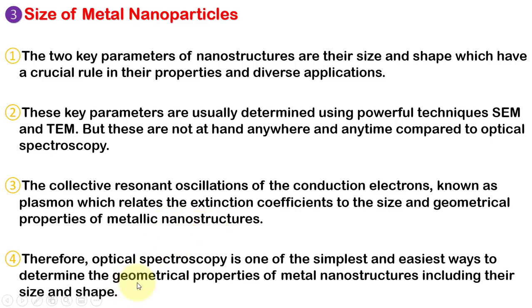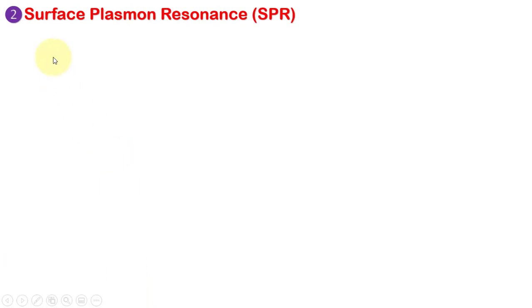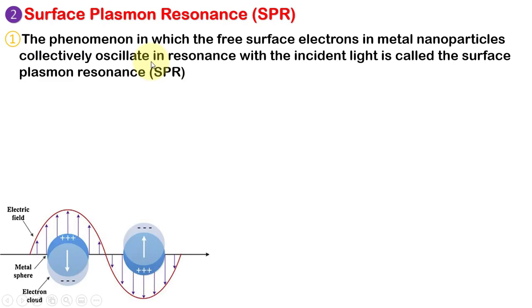Therefore, optical spectroscopy is one of the simplest and easiest ways to determine the geometrical properties of metal nanostructures, including their size and shape. One of the unique features of metal nanoparticles is the surface plasmon resonance, which is exploited in optical spectroscopy to estimate the size and distribution of these nanoparticles.